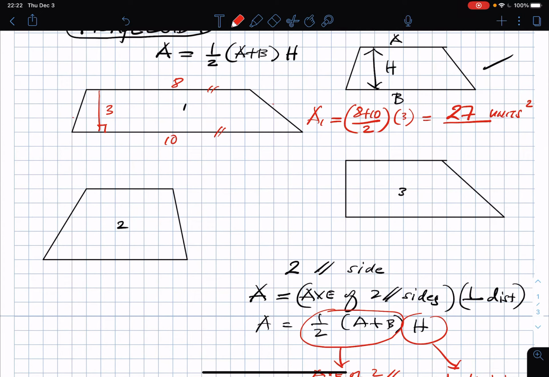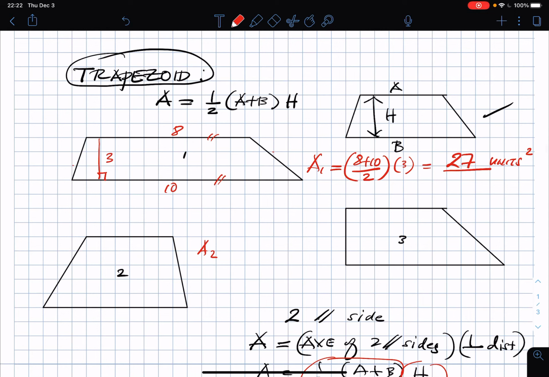So figure 2, is it a trapezoid? Yes, it is. If we say these are two parallel sides and say the number here is, let's say 5, this is 7, and we need this perpendicular distance.